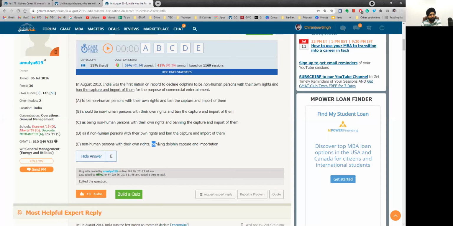Sorry, I'm reading declaring. So banning here is essentially presenting a natural consequence of the fact that they declared dolphins non-human persons with their own rights. And essentially, that also meant banning the capture and importation for the purpose of entertainment, as it should be for persons, right?